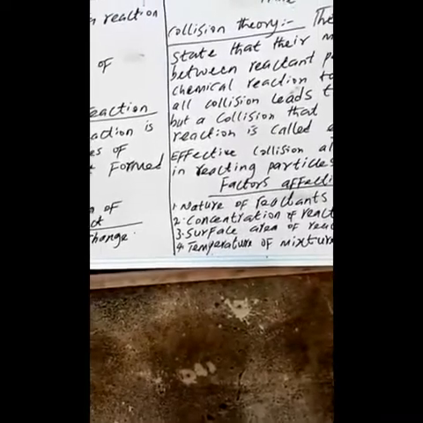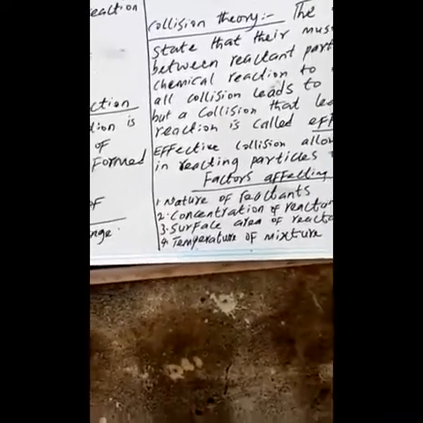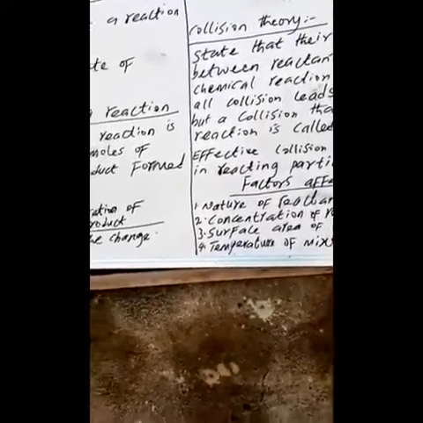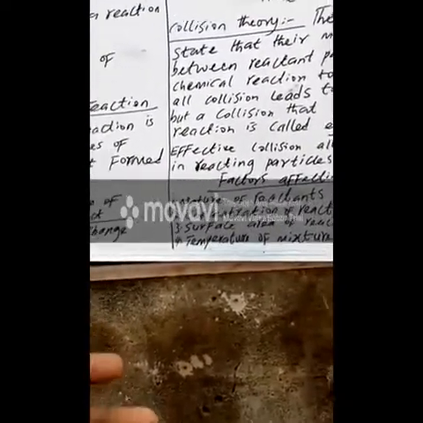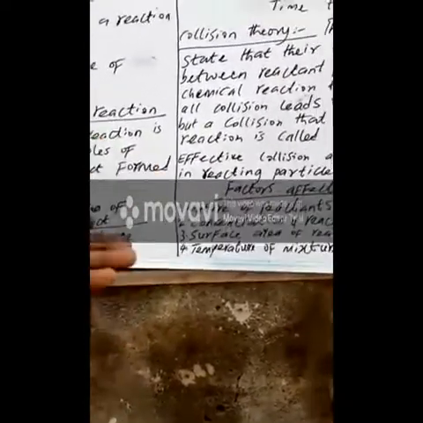So when the temperature is on the high side, more particles will tend to collide frequently, and particles also can gain kinetic energy to overcome the existing barrier, which is called the energy barrier, which has to be broken for a chemical reaction to occur.